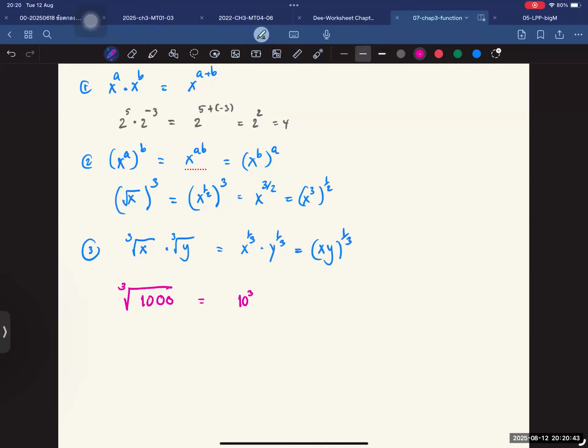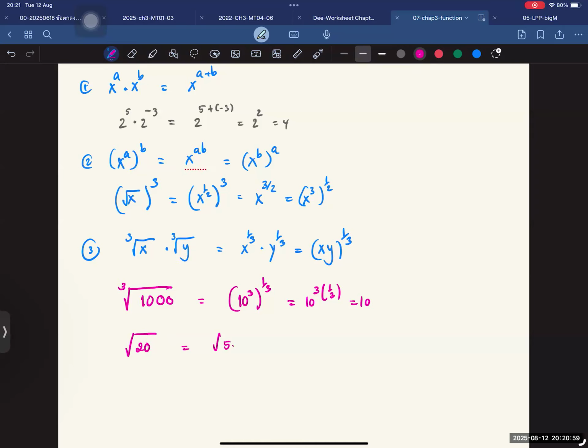So that is 1,000 to the power of 1/3. So that is 10 to the 3 times 1/3. That is just 10.